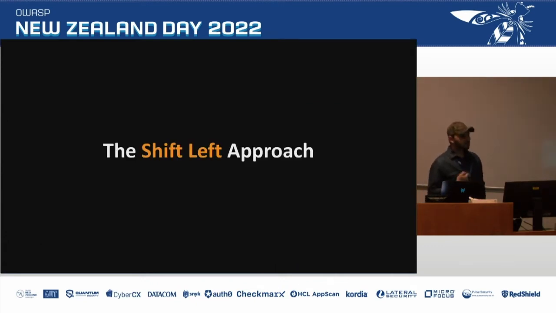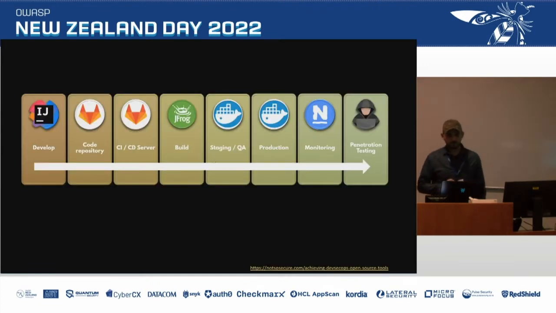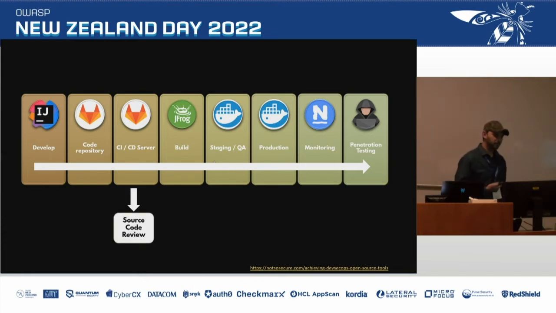Let's look at the shift left approach. Yeah, cool, we've got this pipeline, but say we've got some tooling embedded into one of these stages. Say we've implemented source code review tooling. If there was a SQL injection, that stage would have picked it up every time you would release code to production.